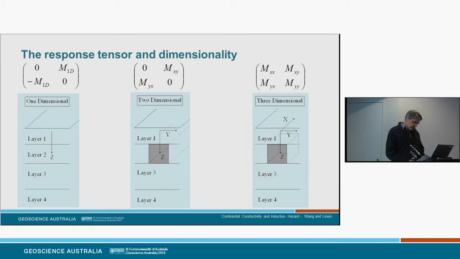For a 2D subsurface, where the conductivity is changing in two dimensions, depth and one horizontal direction, the off-diagonal elements are different, but the diagonals are still 0. And for a 3D subsurface, the response tensor is fully populated, like we see there.